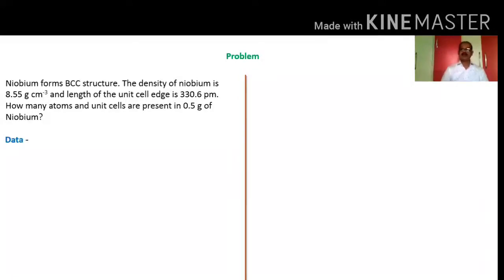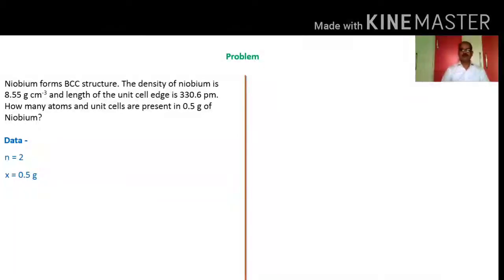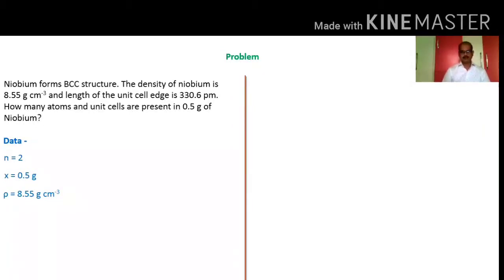First, let us understand the data given in the problem. Niobium structure is BCC, body centered cubic, so the number of particles per unit cell, small n, will be 2. Mass of niobium, x, is given to be 0.5 grams. Density is given to be 8.55 grams per centimeter cube. See the unit of density: it is grams per centimeter cube.